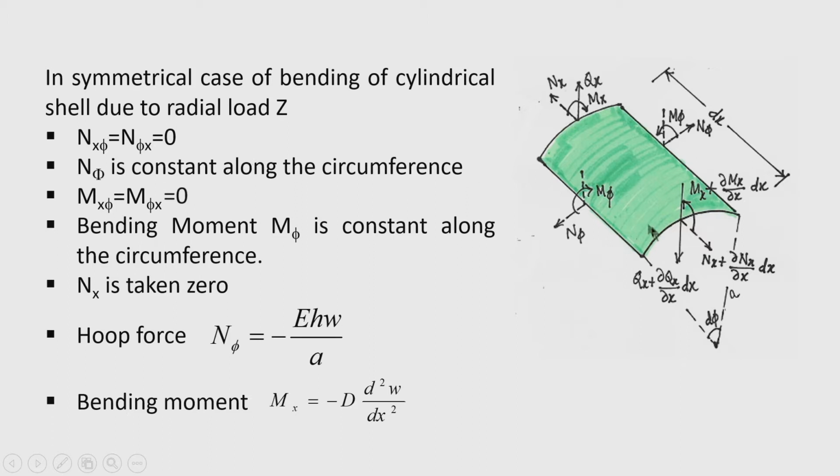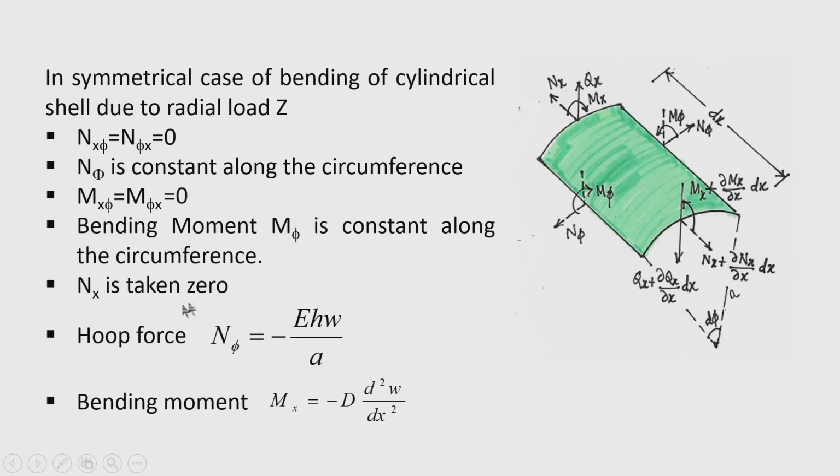It is dependent only on x, that is the longitudinal distance from the point of reference. The bending moment M phi, that is in the tangential direction, is constant along the circumference. That is another assumption in this theory, that the shell is subjected to axisymmetrical loading and the loading is only in the radial direction.